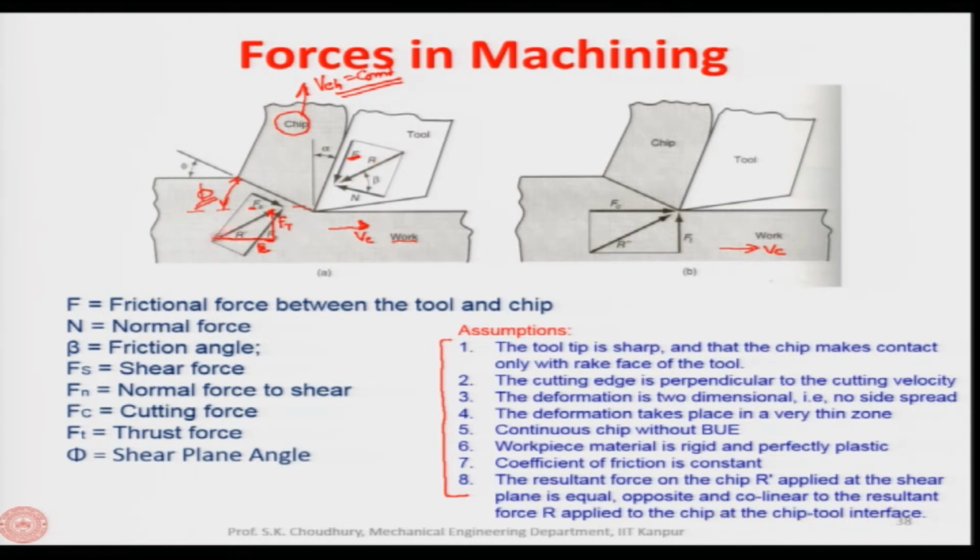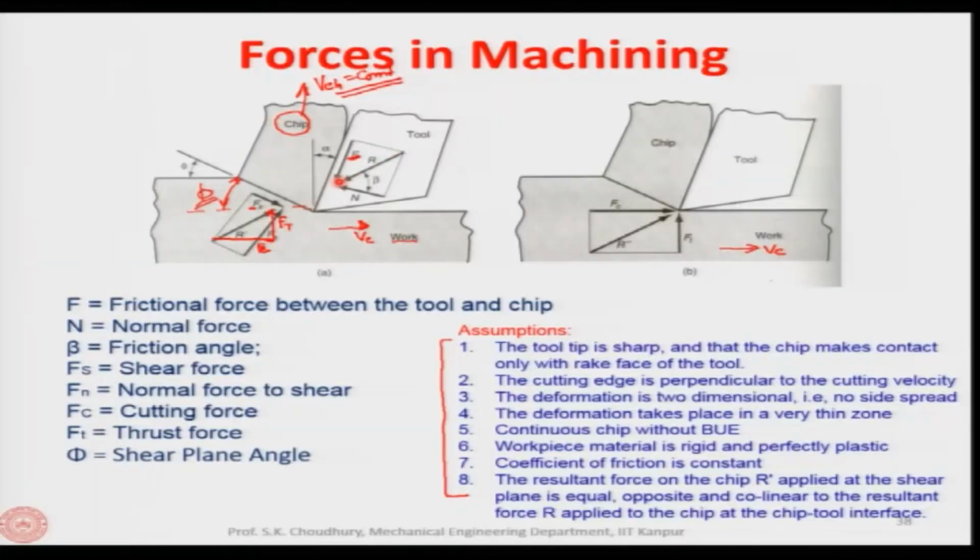So, r and r prime, as I said earlier, have to be collinear, equal and opposite. With these 8 assumptions, they have correlated these forces along with the angles.